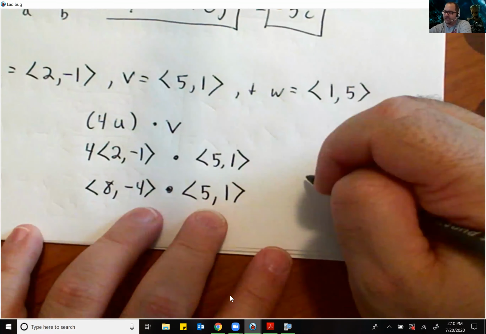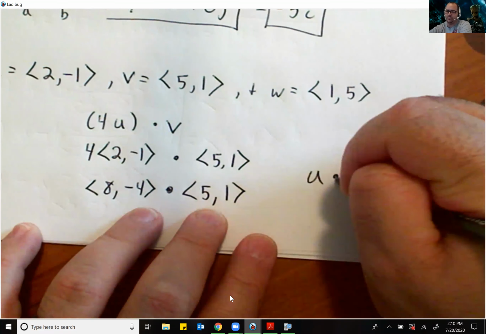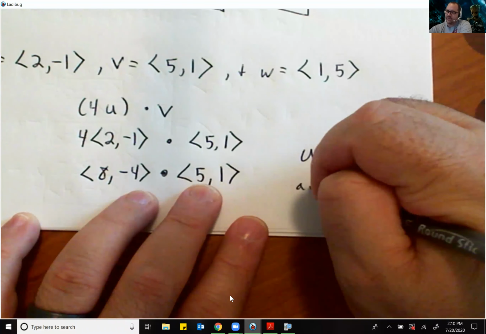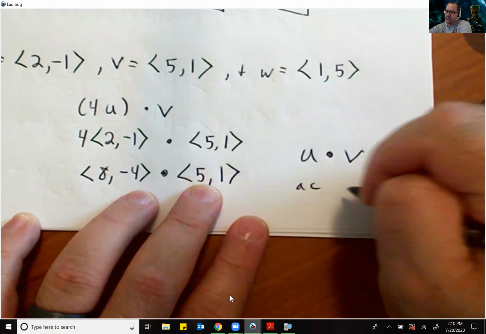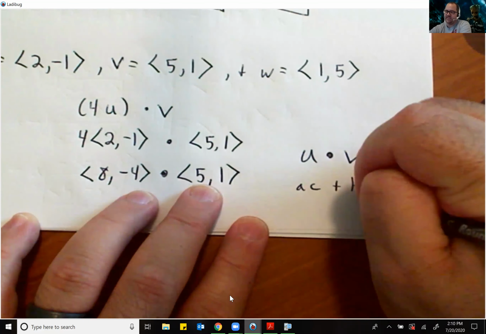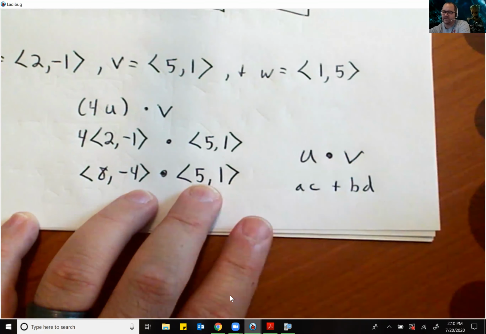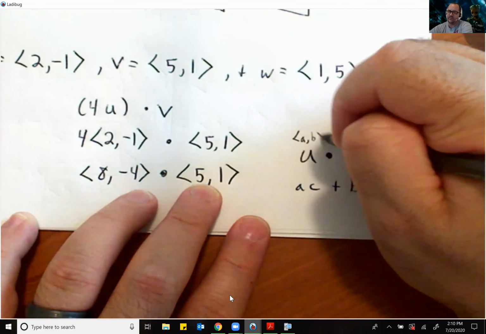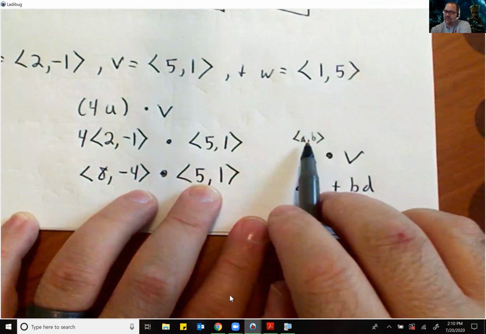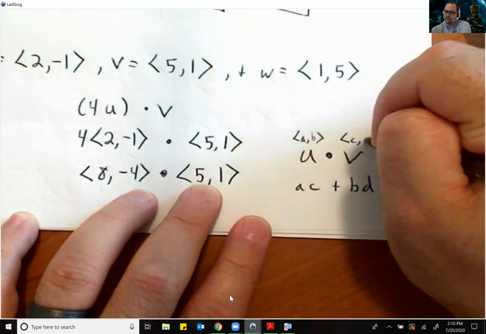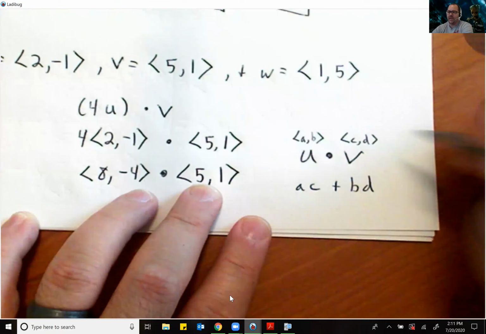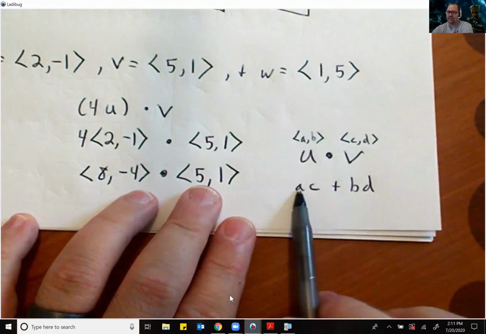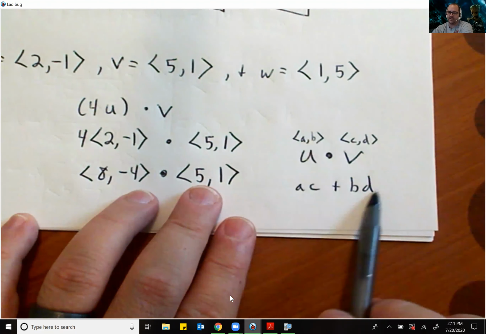Whenever you have the dot product of 2 vectors, all you're going to do is take A times C and add that with B times D. Again, remember these are vectors, where in U it's A, B, and in V we call it C, D. So A times C, which is the horizontal components, and we're going to add that with the vertical components being multiplied.